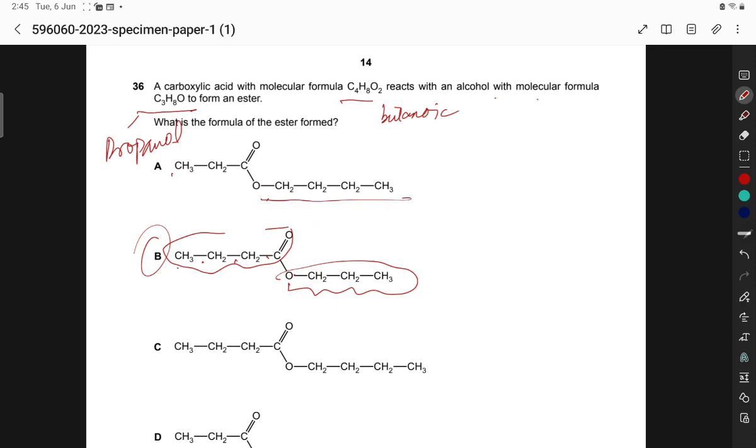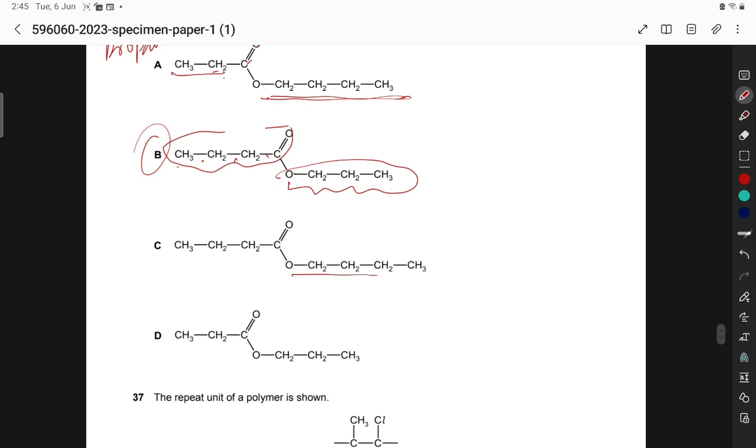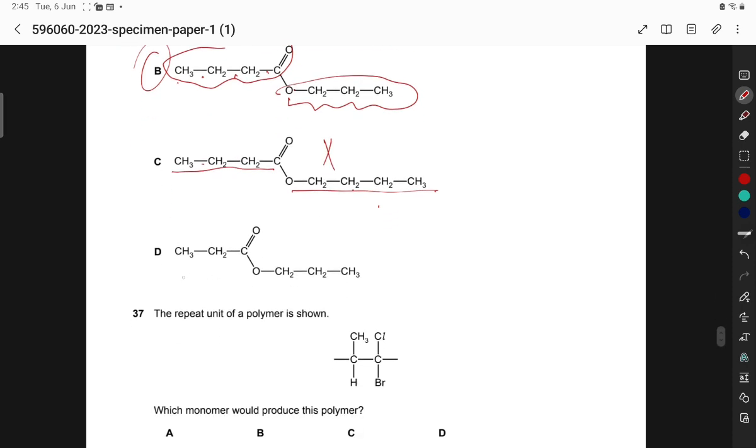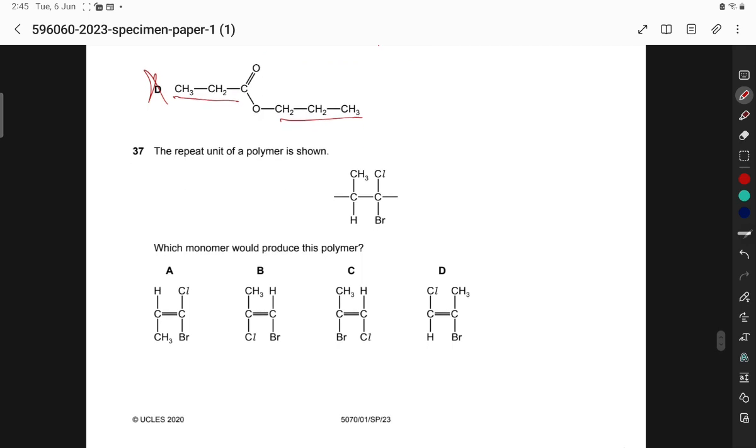Butyl propanoate is incorrect, because the propanoate comes from propanoic acid and the alcohol part is butyl. Butyl butanoate is incorrect. Propyl propanoate is also incorrect. So B option is correct.